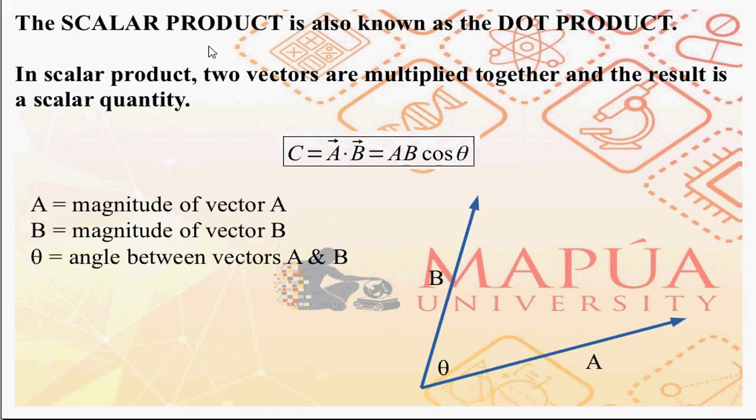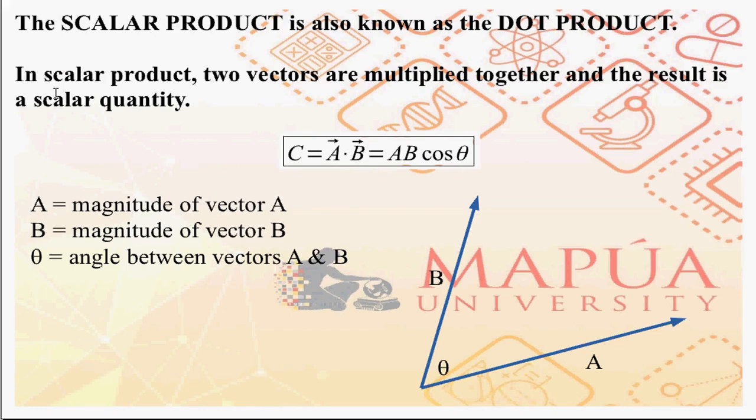The scalar product is also known as the dot product because when you look at the equation for the scalar product, we use a dot to represent the multiplication. So, scalar product, dot product, they are one and the same.